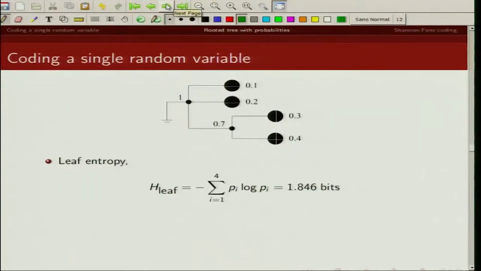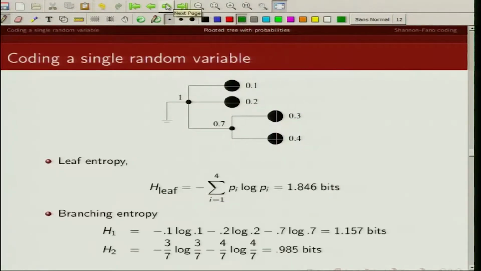So let us take this example. In this case, the leaf probabilities are 0.1, 0.2, 0.3 and 0.4. The leaf entropy in this case is 1.846 bits. Similarly, we can compute the branching entropy, either at this node or at this particular node.